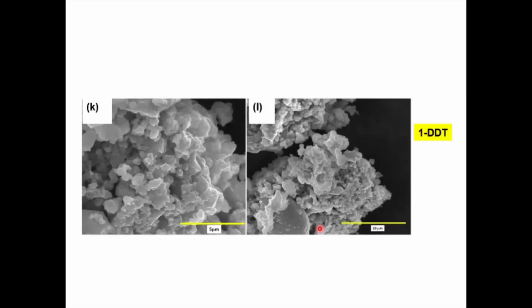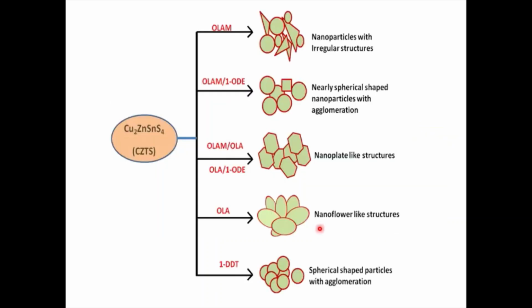With pure 1-dodecanethiol, again it goes to a particle form. So overall, for different mixtures or independent surfactants, the results are these: with oleylamine, we get nanoparticles with irregular structures. With oleylamine and 1-octadecene, nearly spherical but with some agglomeration.